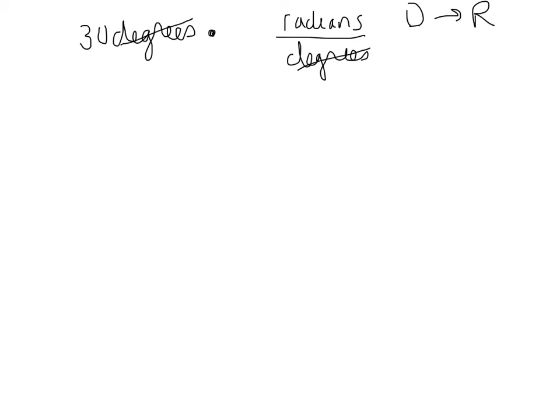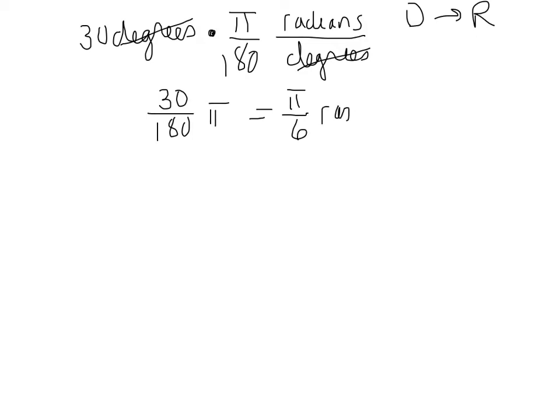So the radians over degrees was pi radians over 180 degrees. So then as I do this, I'm going to have 30 over 180 pi, and if you reduce, that's going to reduce down to pi over 6 radians. So 30 degrees is equal to pi over 6 radians.